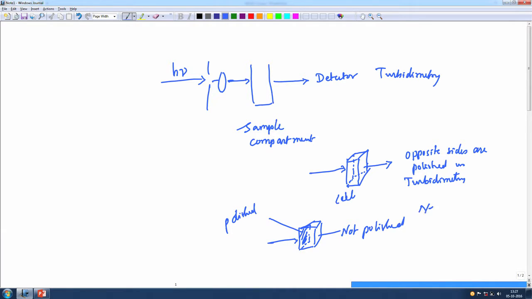In nephelometry, the opposite side is kept rough, but the bottom side of the cell is polished.